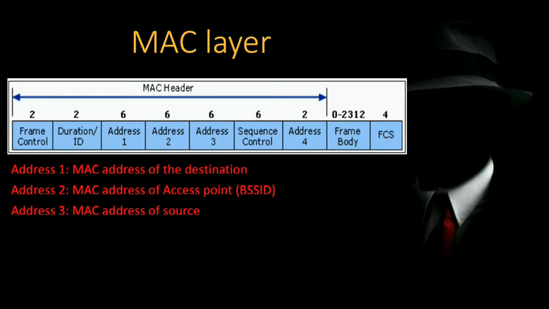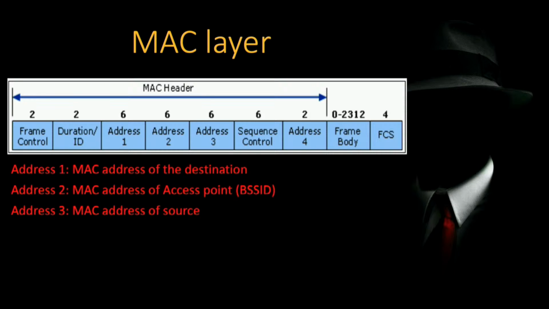What we need to focus on here is, of course, we're not talking about everything, but address 1, 2, and 3. Address 1 is basically the MAC address of the destination. If I'm sending a frame to the access point, the destination means the MAC address of the access point.